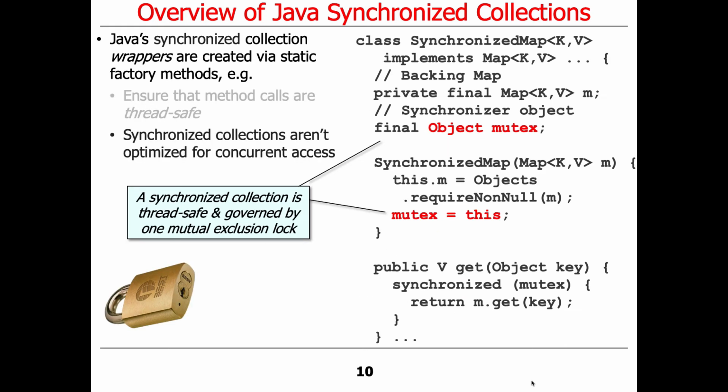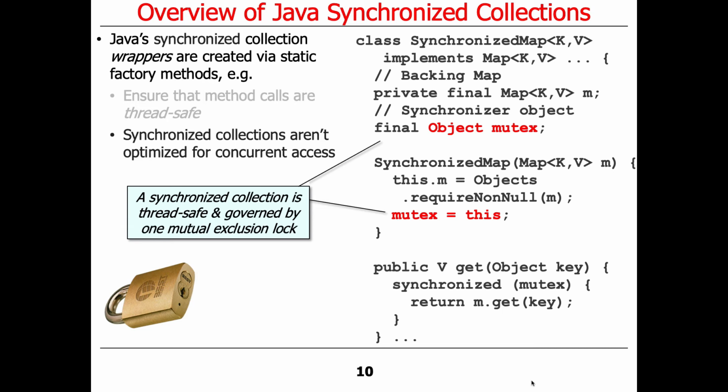Here's what the SynchronizedMap wrapper class looks like. And I'll just show you a little snippet of it, but it's pretty obvious what it does. It's very simple. It just adds a lock. And you can see here how it works is we have the SynchronizedMap class, which implements Map. It has a map field, which will be used to store what's passed in as a parameter.